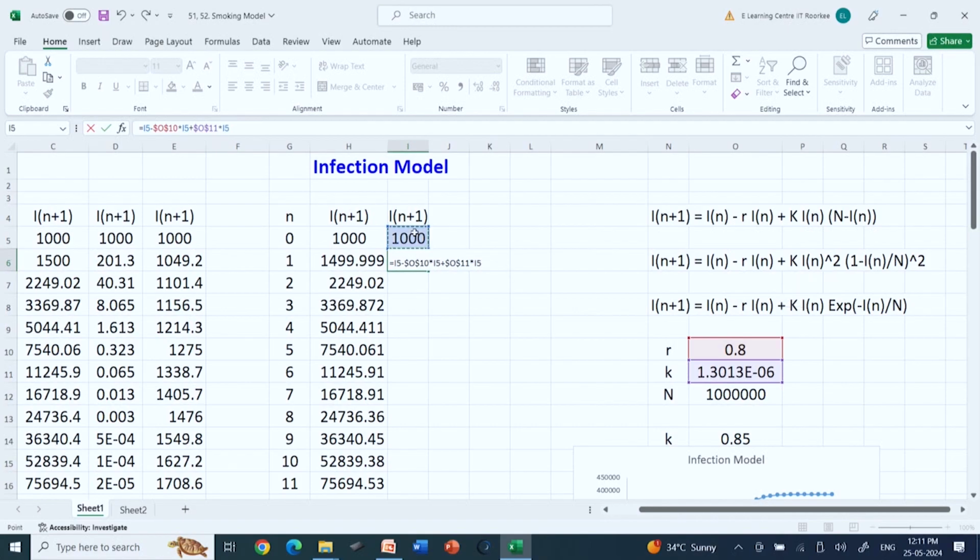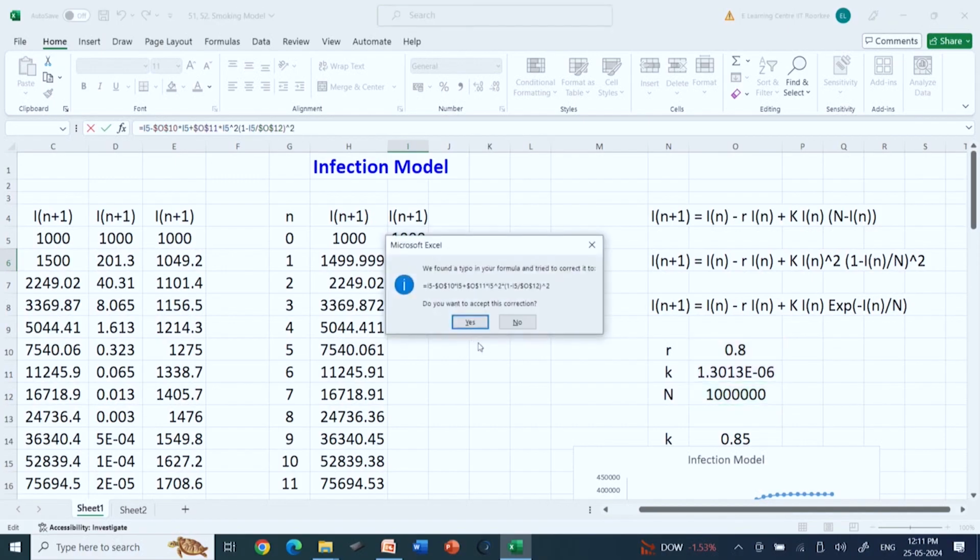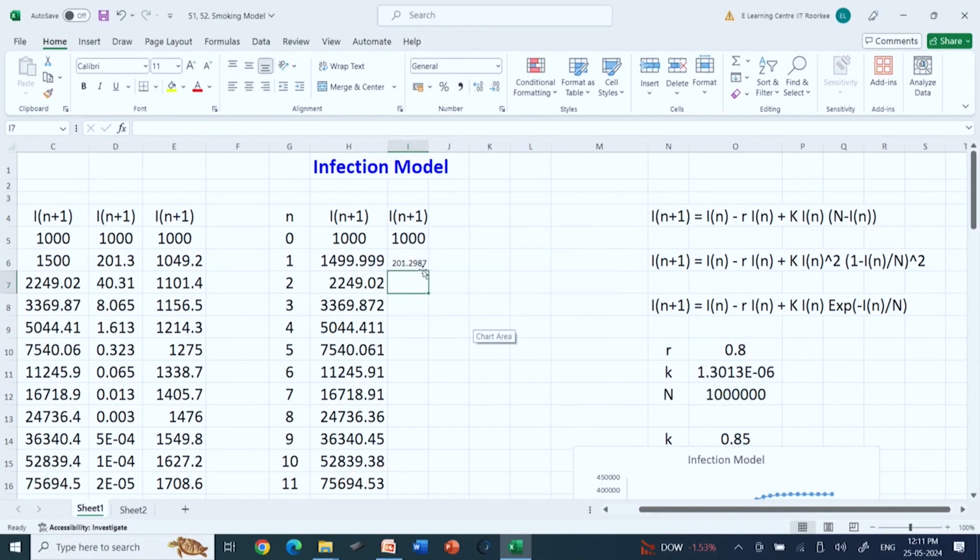So, this I n square, open a bracket, 1 minus I n divided by n, again a constant, and square. You get some value, you just drag them.